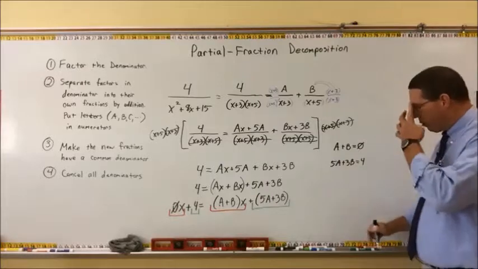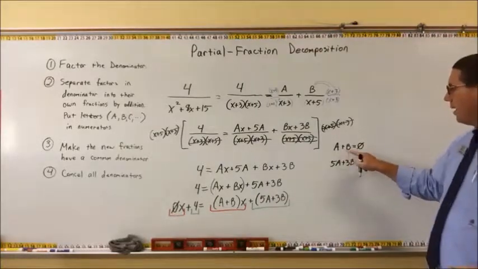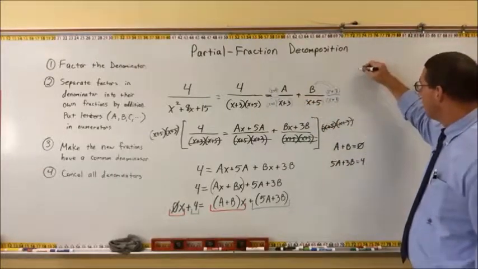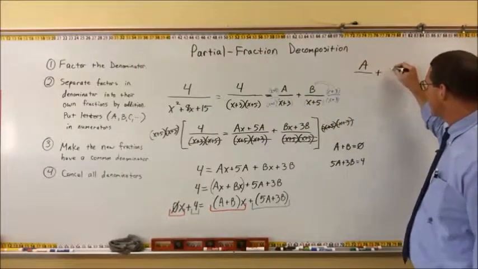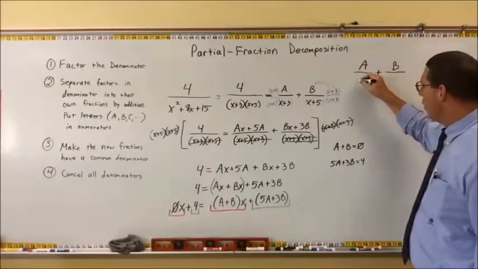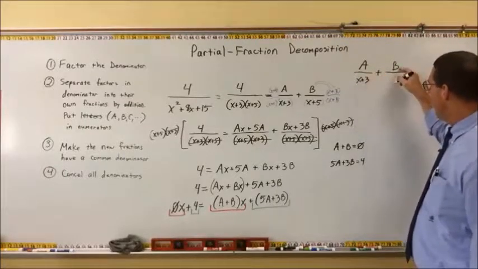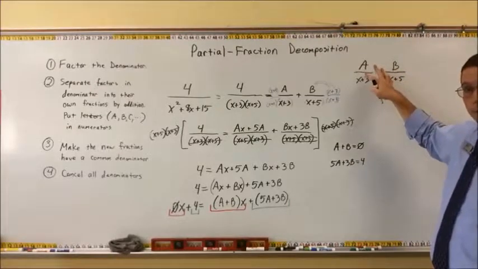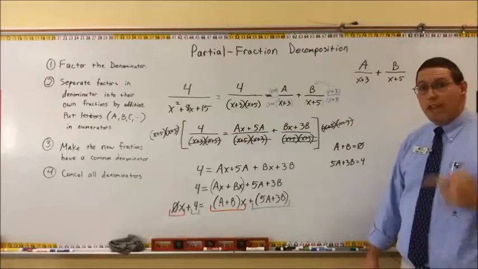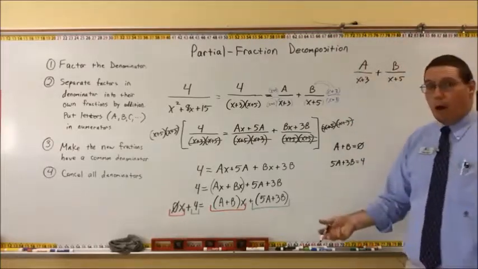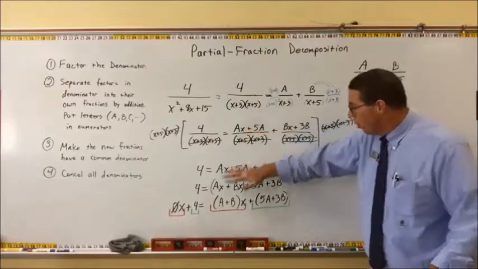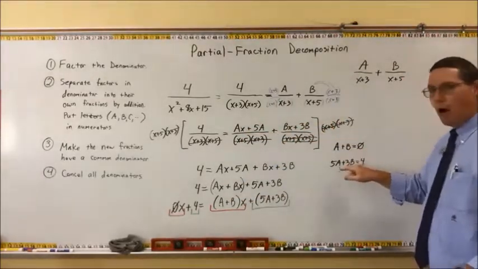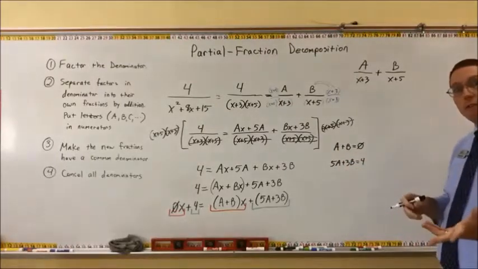See, what we're trying to do here is find out what a and b are equal to, because we have this sum of fractions where we have a over x plus 3 and b over x plus 5. This would be our answer to the partial fraction decomposition if we knew what a and b are, but we don't. So the reason we're going through all this is we're trying to find out what a and b are.